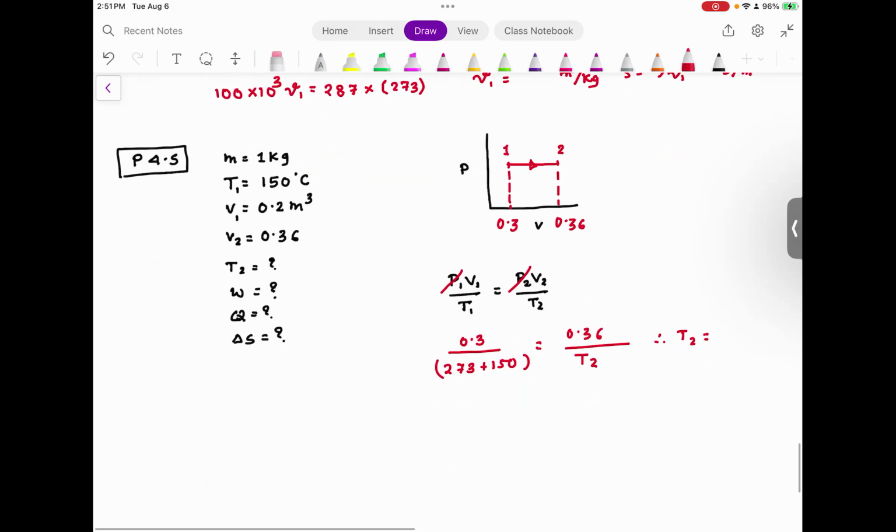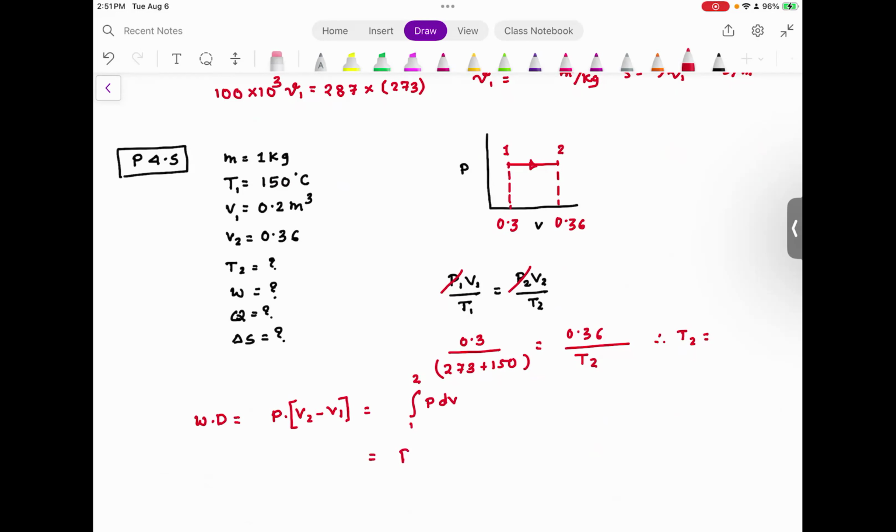Now what we need to do is find out the work done. Work done, in the case of a constant pressure process, is P times V2 minus V1, because work done is equal to the integral of P dV from 1 to 2.